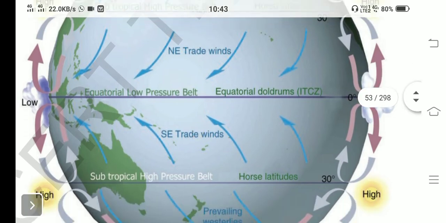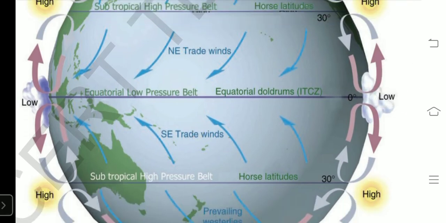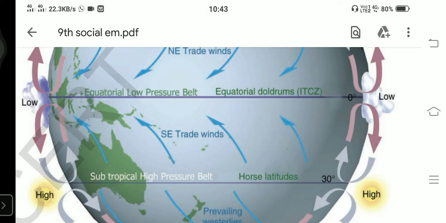The existence of the monsoon is due to the difference in the cooling of land and sea. One factor we discussed is that land and water absorb and release heat in different ratios. Land absorbs heat very fast and also cools much faster than water bodies.